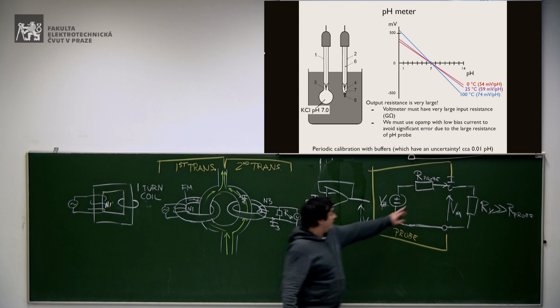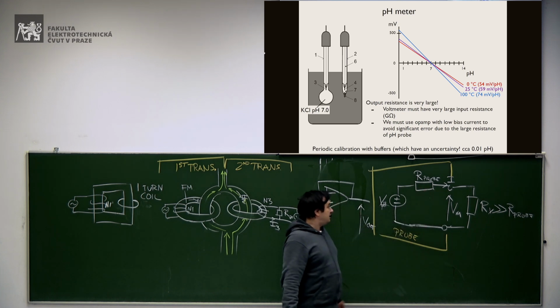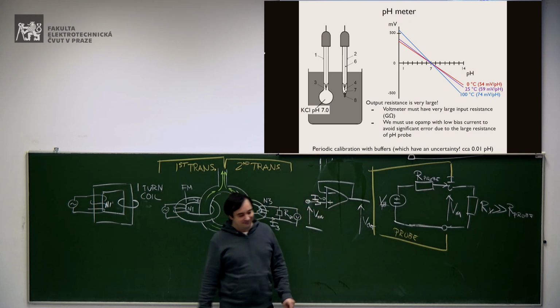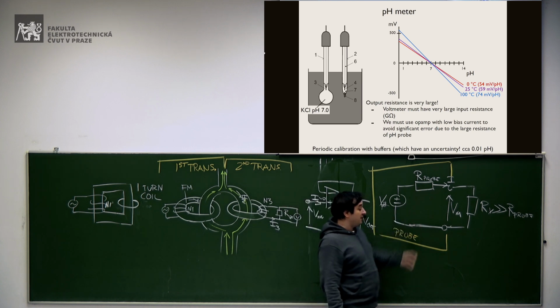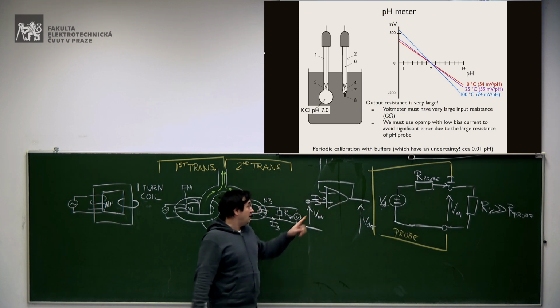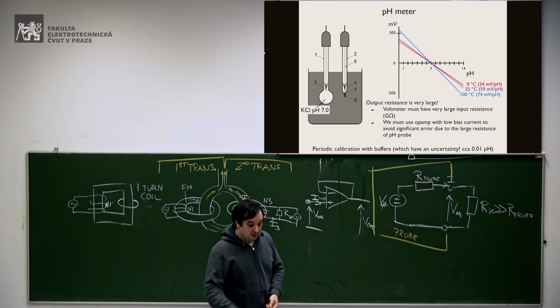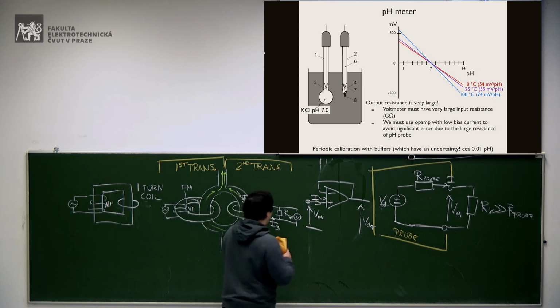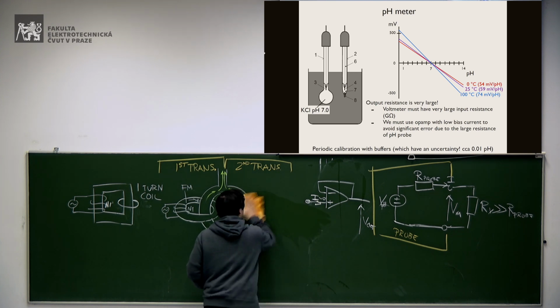The fact that we have a very large resistance of the probe also tells you that you must be careful with the bias current, okay? Just imagine that you have an op-amp with a large bias current.